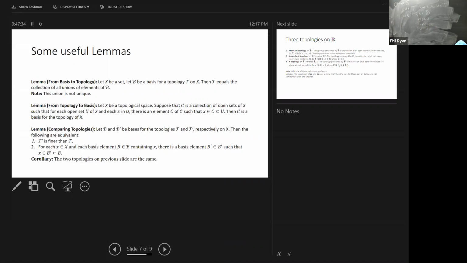Okay, so if 2 holds, then any open set in T is also going to be an open set in T prime by this condition, since we could have a basis element contained within another.